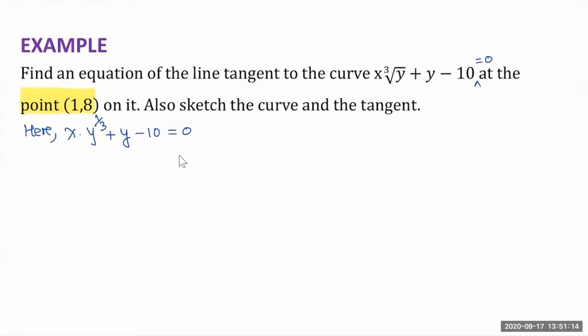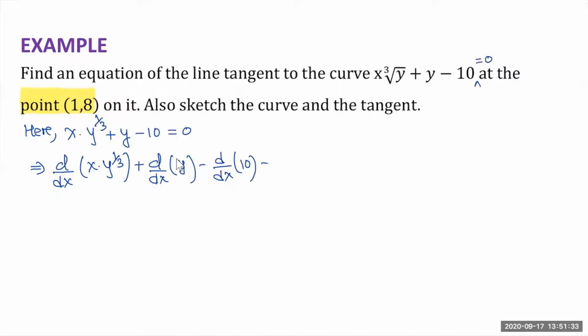So we are going to do the implicit differentiation. Your implicit differentiation will be d over dx, the derivative with respect to x of the first term, plus the derivative with respect to x of the second term, minus the derivative with respect to x of the third term, equal to the derivative with respect to x of that fourth term. That is the implicit differentiation.